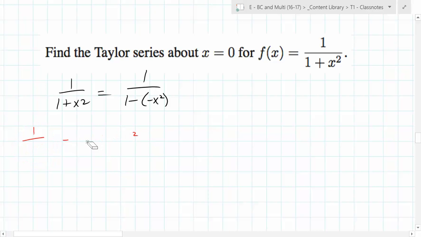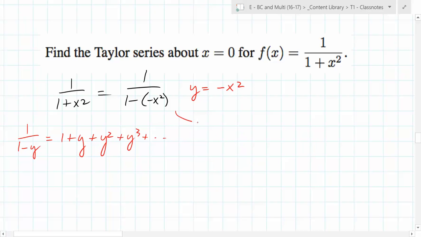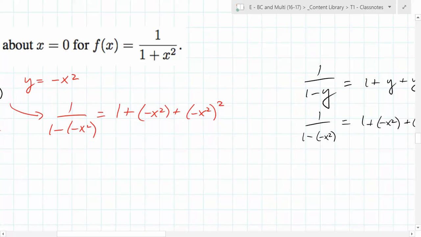So another way to write this, just to be nice and clean, we could say, what's 1 over 1 minus y? 1 plus y plus y squared plus y cubed, etc., right? So let's let y equal what? Negative x squared. So therefore, what does 1 over 1 minus negative x squared equal? 1 plus negative x squared plus negative x squared squared plus negative x squared cubed.